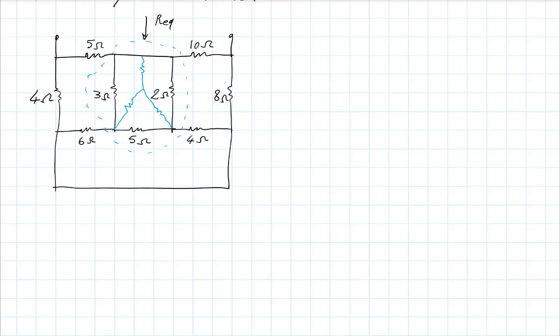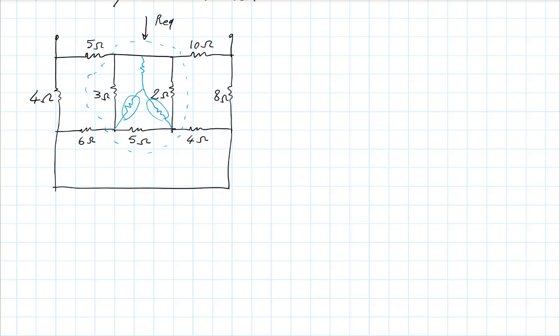For instance, the 6 ohm here then would be in series with the bottom left leg of that Y, correct? And so maybe that way I can make the circuit a little simpler. And similarly, maybe I could then combine this with the 4 ohm resistor down at the bottom right, and so on. So then work my way through.